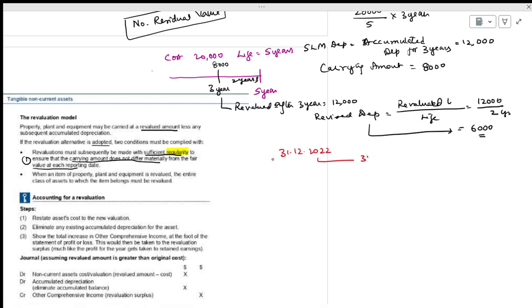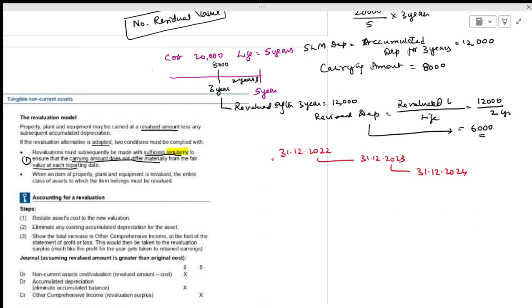You have to do revaluation every year, 2023, 2024, continuously. You cannot do it as per your choice. Rule is rule. Very important rule. You have to do it on a regular basis.